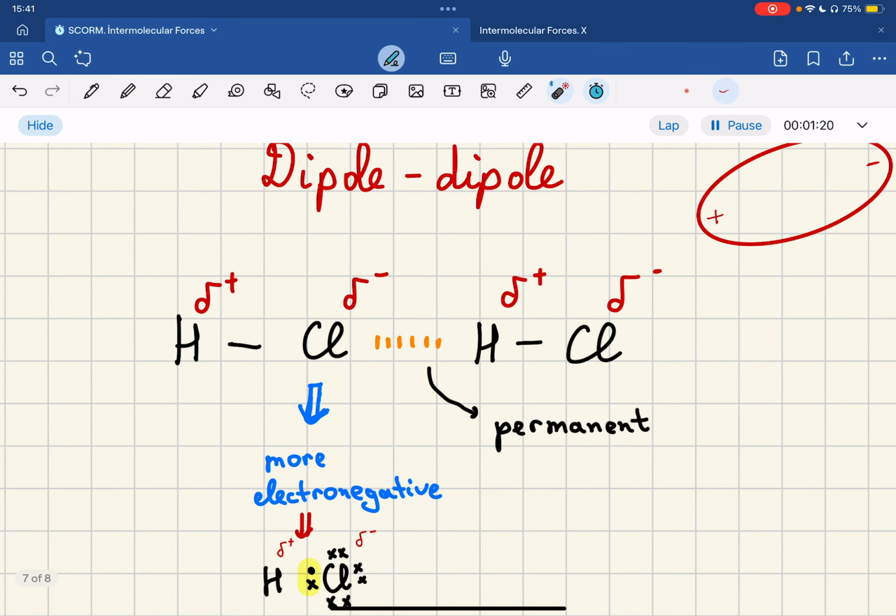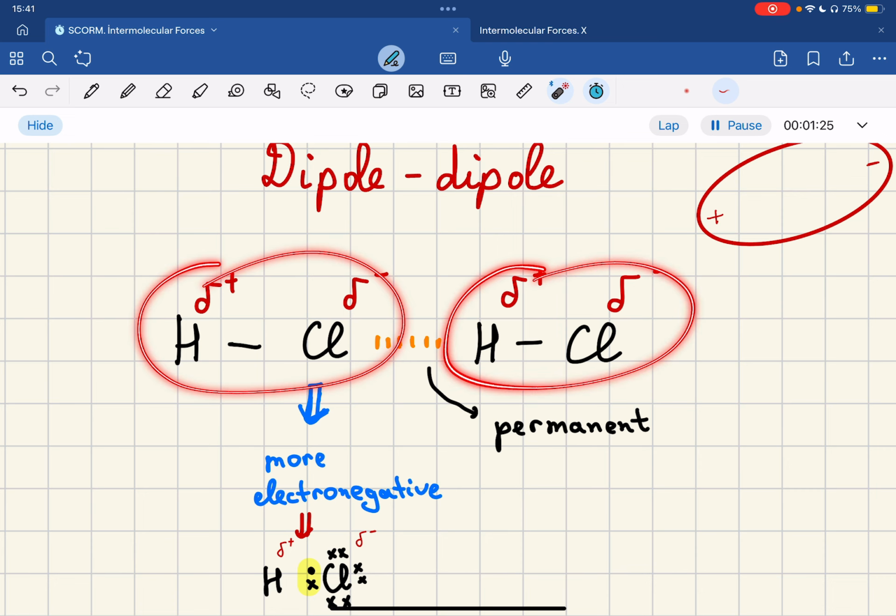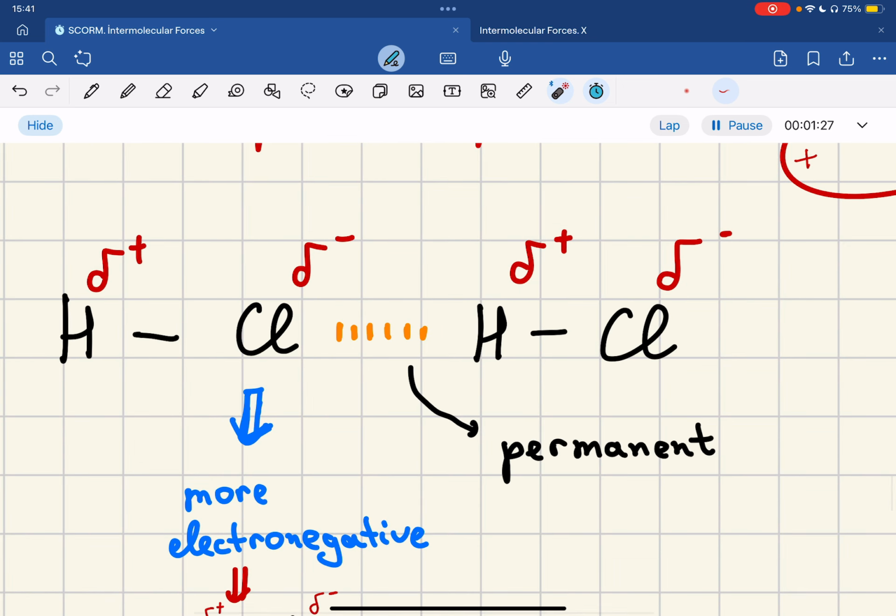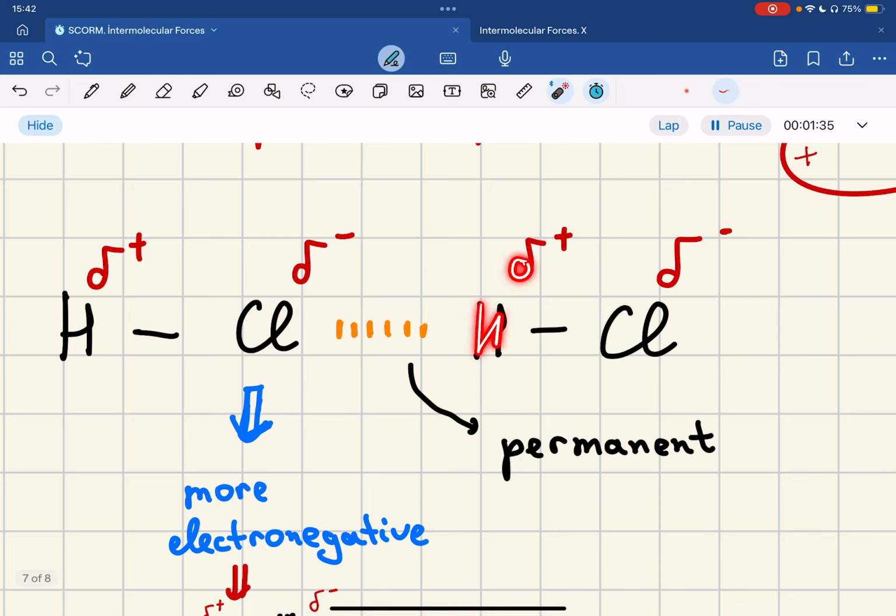But we know that dipole-dipole is an intermolecular force, so we need to draw at least two molecules nearby. What do we see in here? The chlorine of HCl is partial negative. It's always like that. Also, hydrogen is partial positive, always.